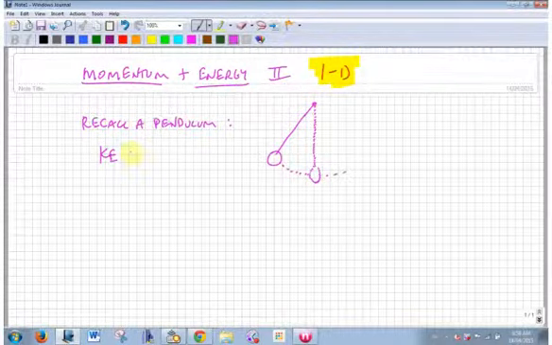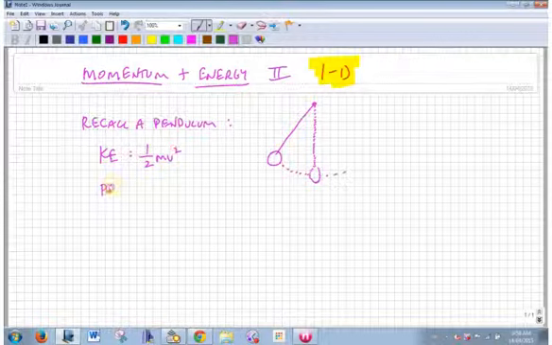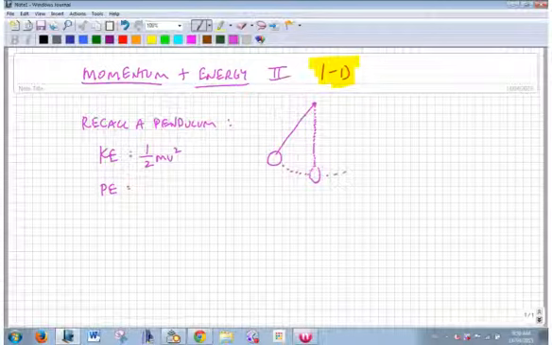So kinetic energy, as you know from yesterday, that's the formula. What's the formula again for potential energy? mgh. Yeah. Think about it. If I pick up something over top of your head and I drop it, it may hurt, depending on how much it weighs.